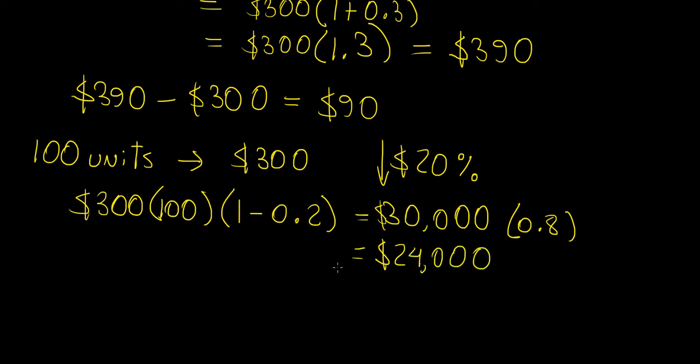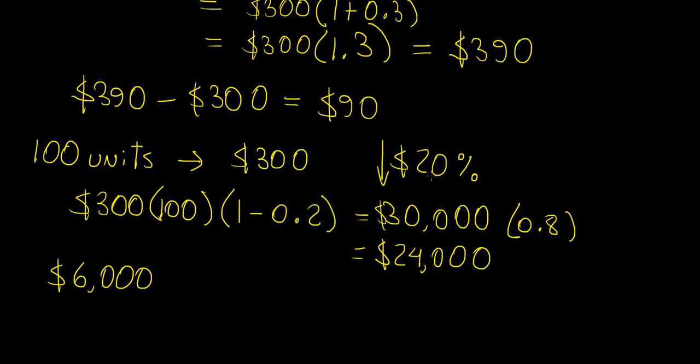So already you can see that you're saving $6,000 by purchasing all those units in a bulk buy of 100 units per buy. This is something that is done quite a lot when you're buying a lot of products at the same time from the same company. This is basically the selling point for most small businesses and shops: if you buy things in bulk, you're always going to get some sort of discount.